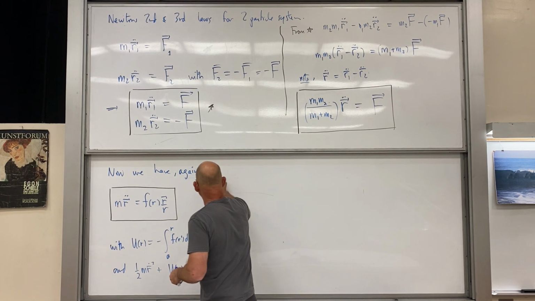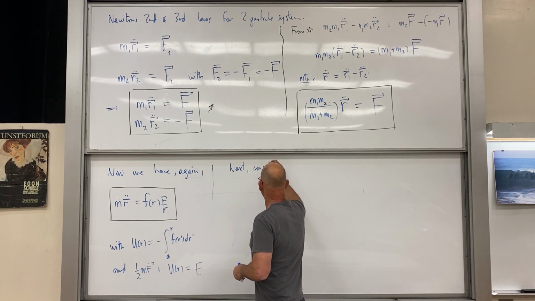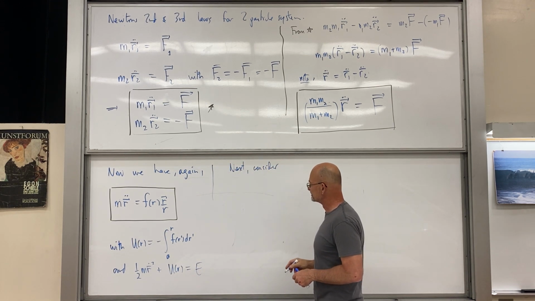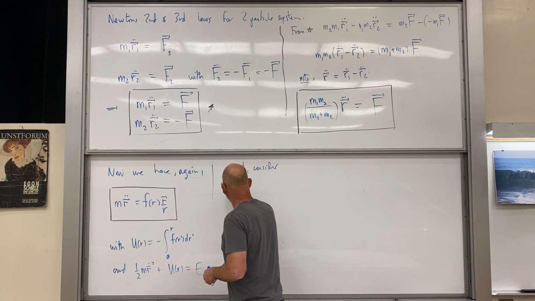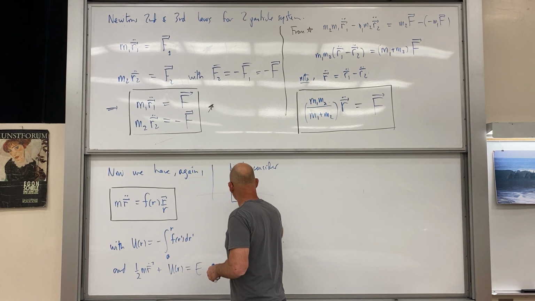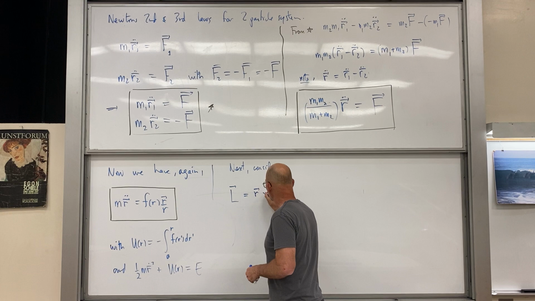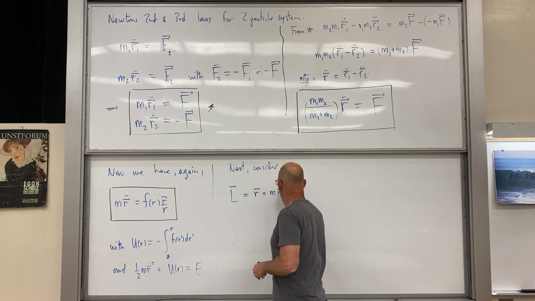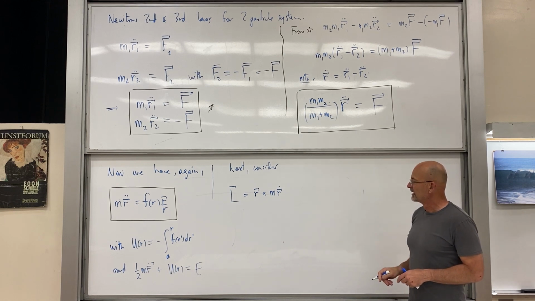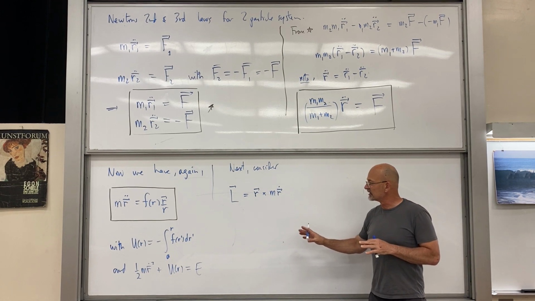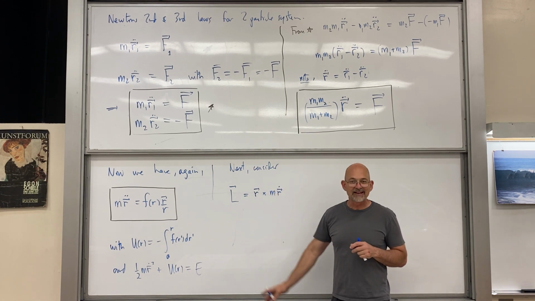So next, consider this expression here. L is equal to r cross m r dot. That's the angular momentum. The really systematic discussion of these conservation laws actually comes next semester.